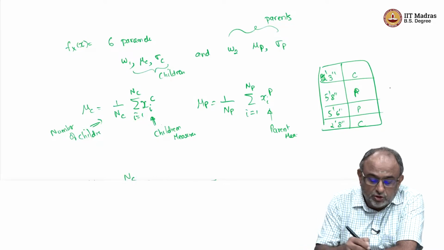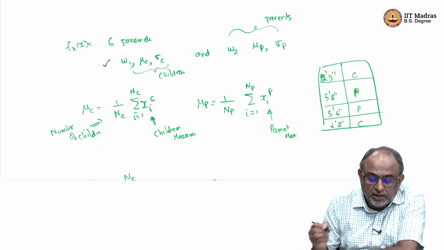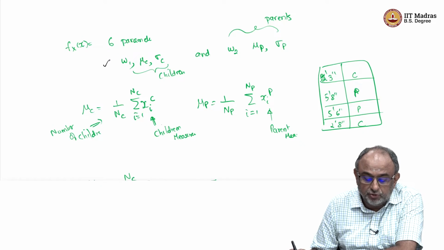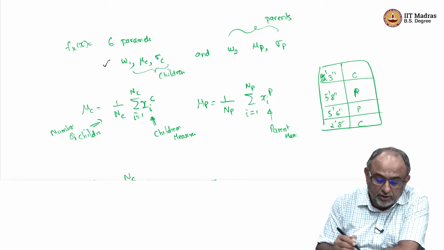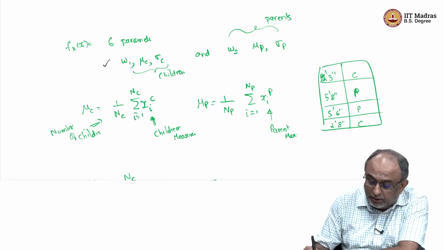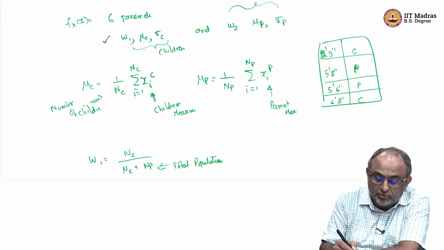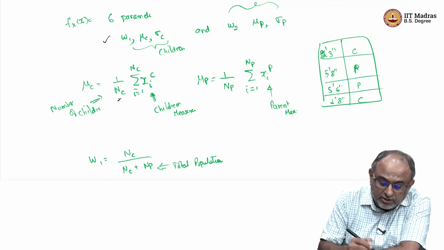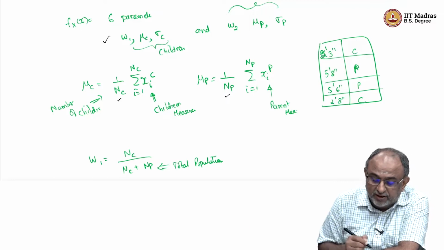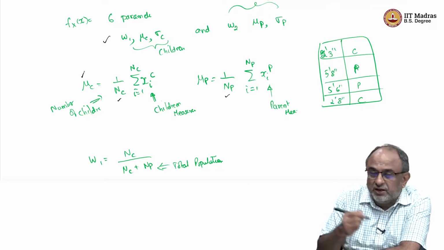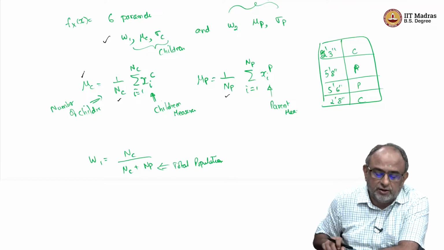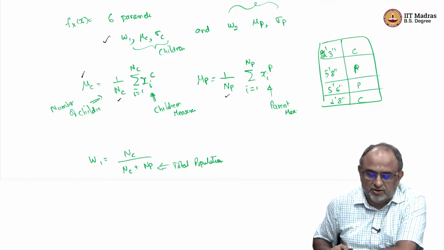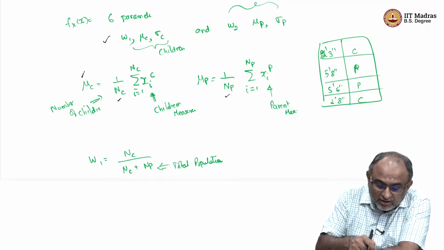So, I know which measurements came from children, and therefore I could find out the mu c and sigma c, where of course this W1 is given by the count. Once I know the measurements, I can count the number of children and the number of parents, and the mean and standard deviation are given. If you go back to the previous lecture, it will be this estimate that I get.